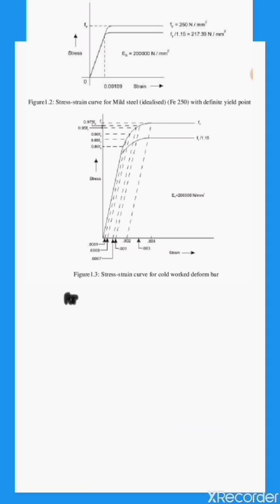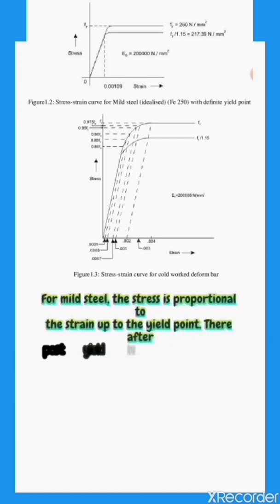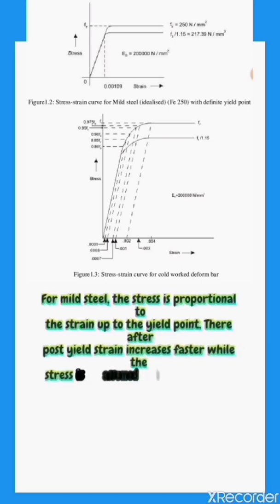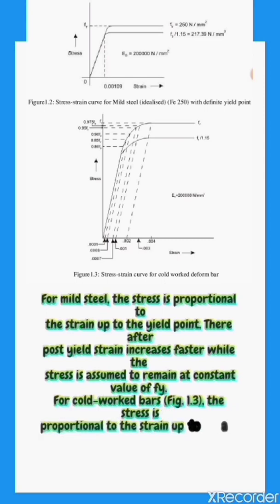For mild steel, the stress is proportional to the strain up to the yield point. Thereafter, post-yield strain increases faster while the stress is assumed to remain at a constant value of fy. For cold worked bars, figure 1.3, the stress is proportional to the strain up to a stress of 0.8 fy.